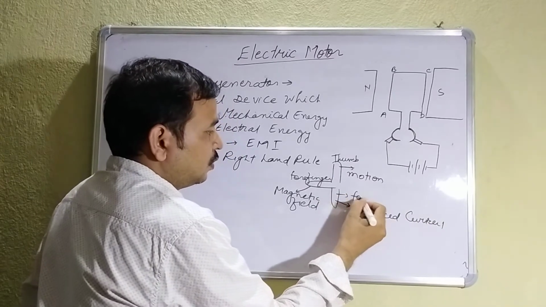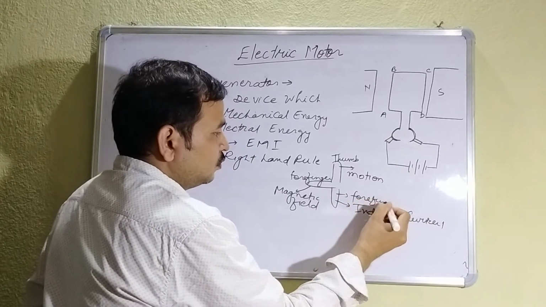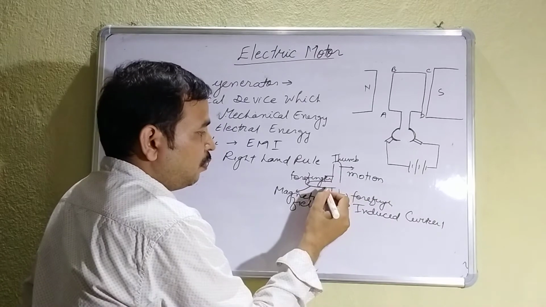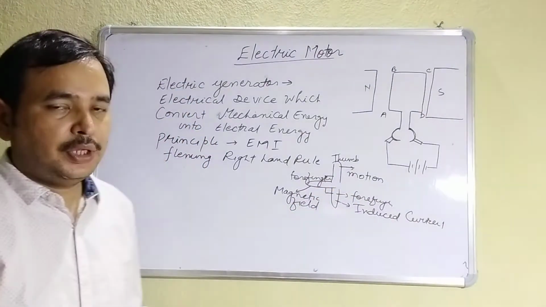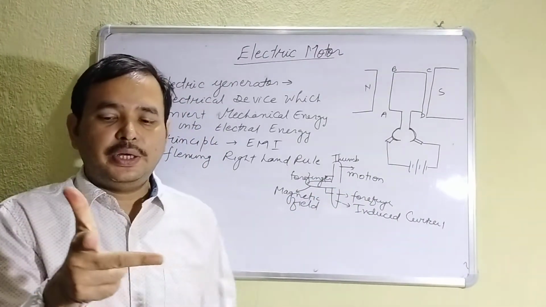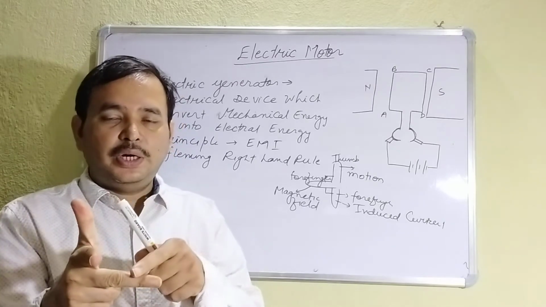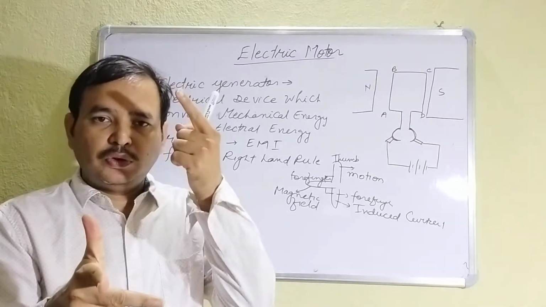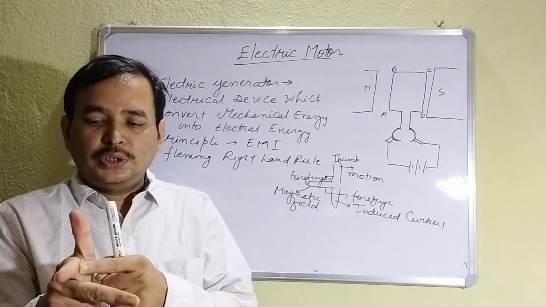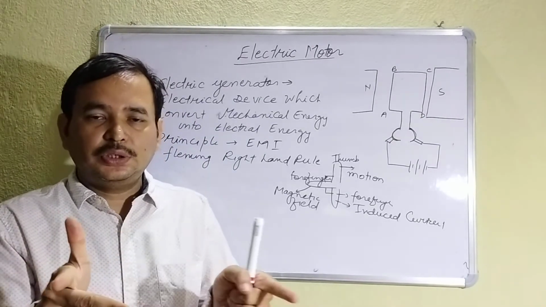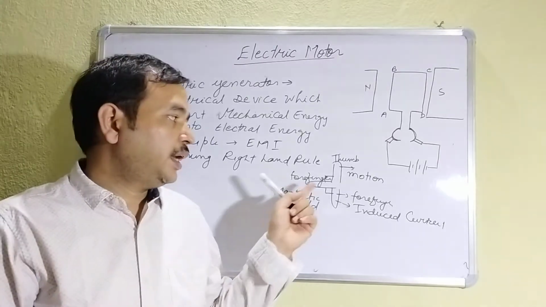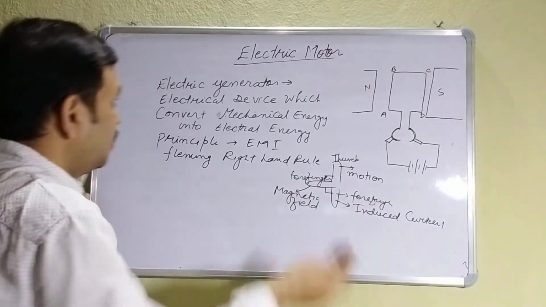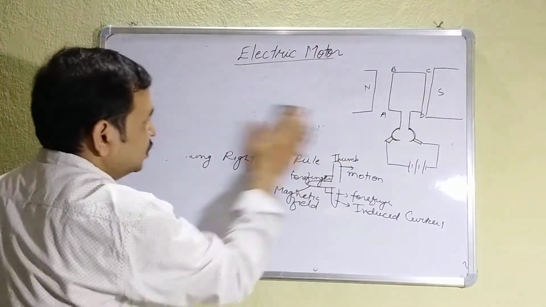They are stretched normal to each other, at 90 degrees, like three axes, x, y and z. So this was about the electric generator.